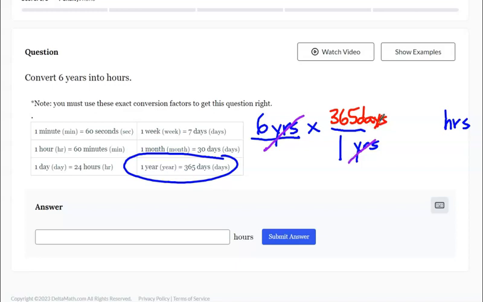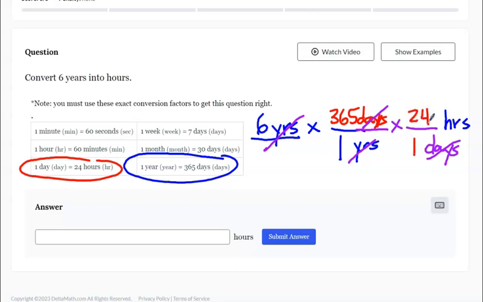But I don't have hours. I have days. So I need to multiply by something else that I can convert, maybe. I want days to disappear this time, but I need to have a fact about days and hours. So I look down here, and there it is. 1 day is 24 hours, and there I have it.